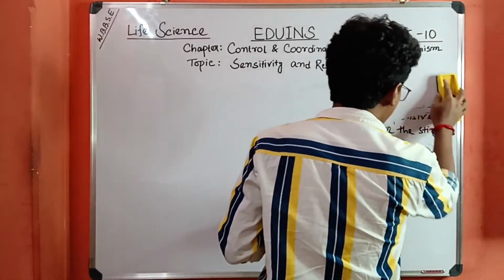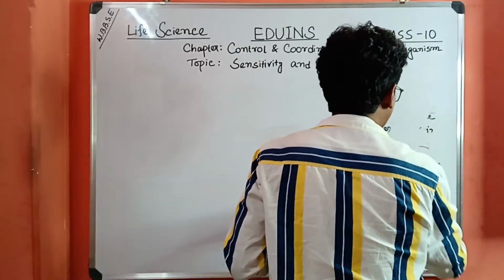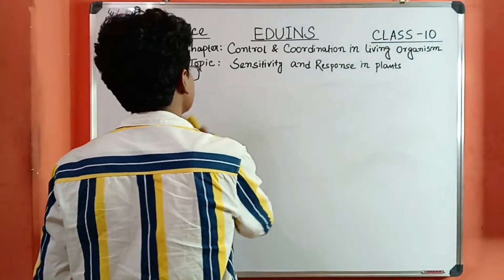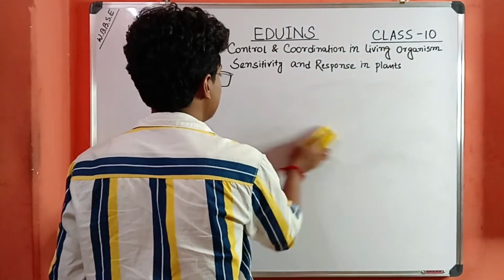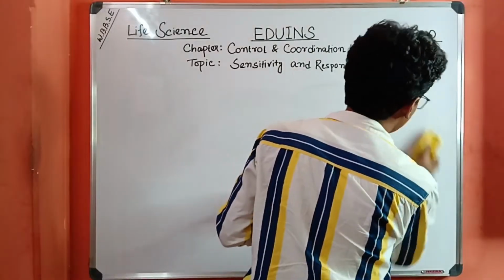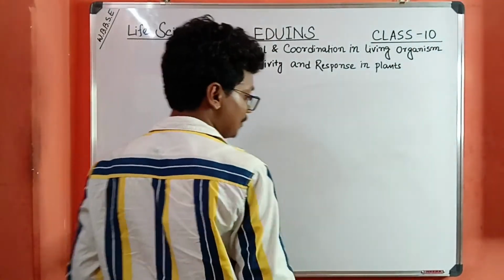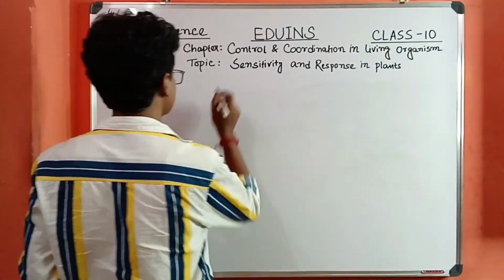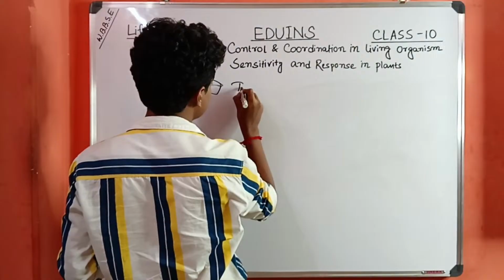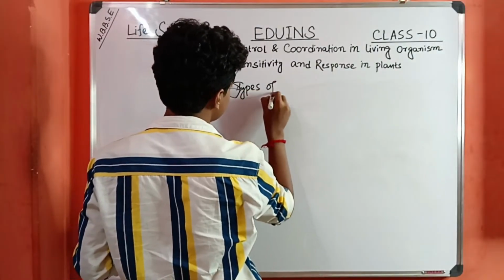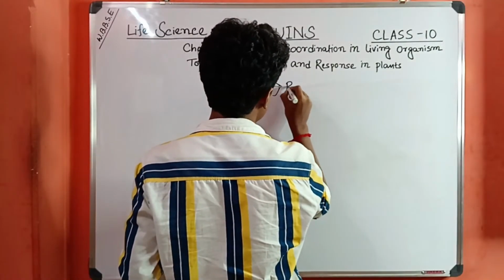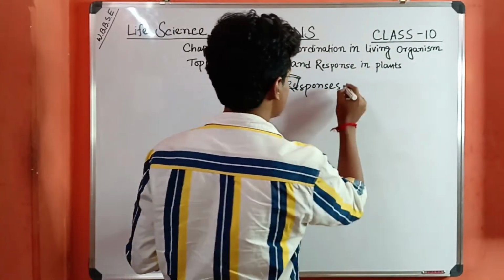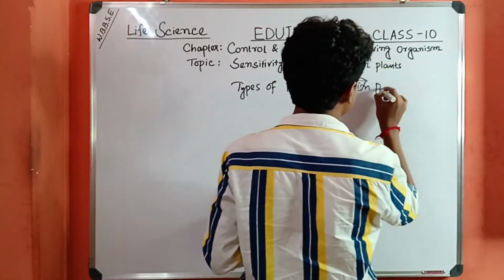So now we can say that plants can get or provide a response to a certain stimulus, but we have to prove it with some examples. Before that, we will look at the types of responses in plants.